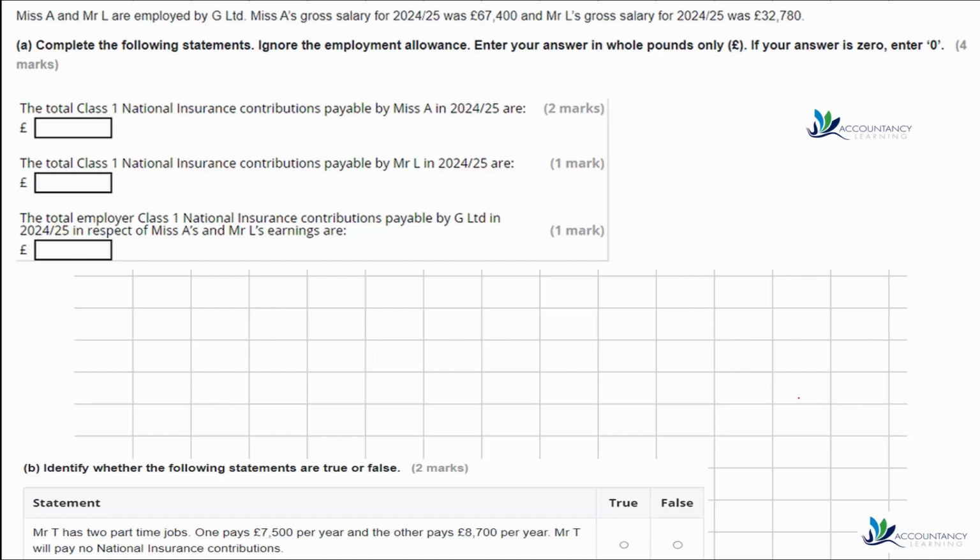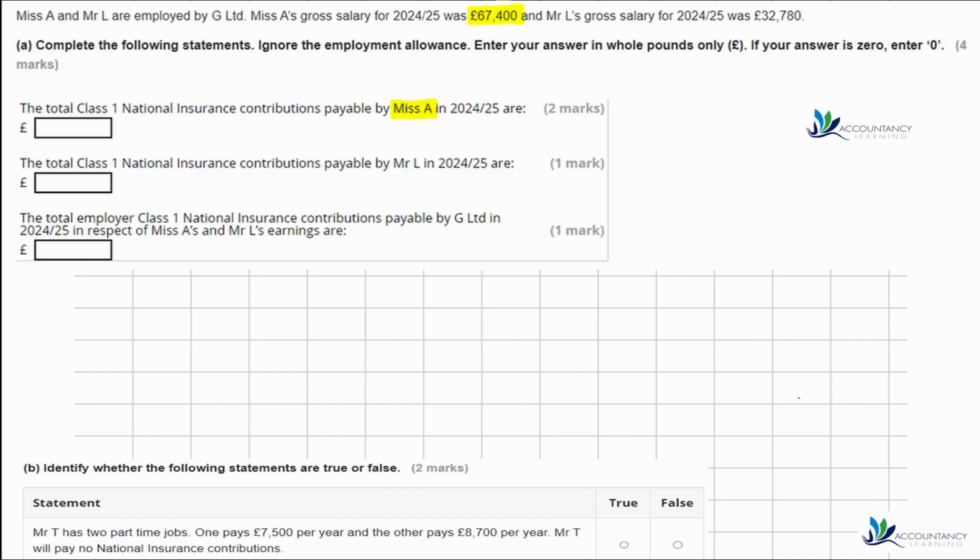So for the first one, the total Class 1 National Insurance contributions for Miss A. Remember, Miss A earns £67,400. Now there are some thresholds related to this, so let's have a look at the reference materials.